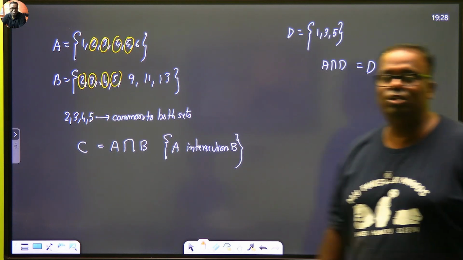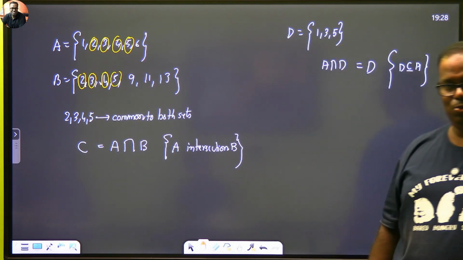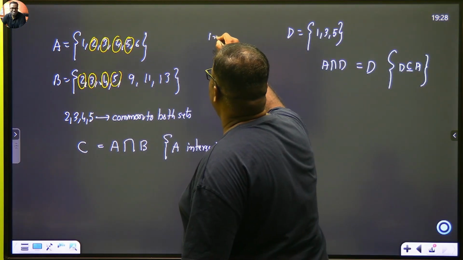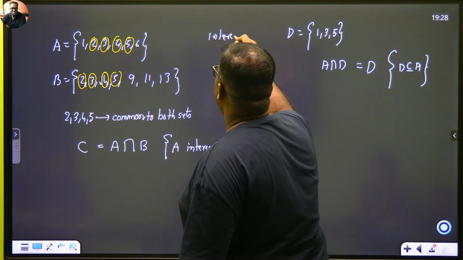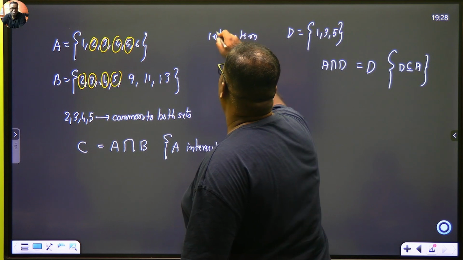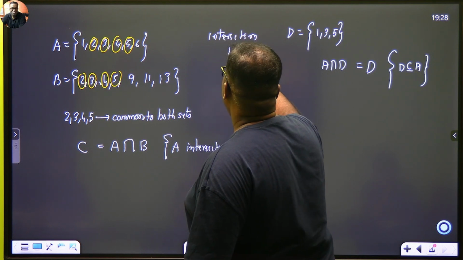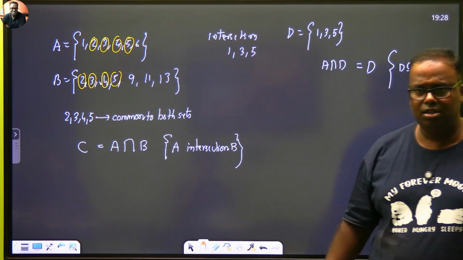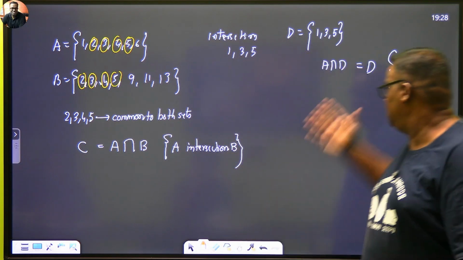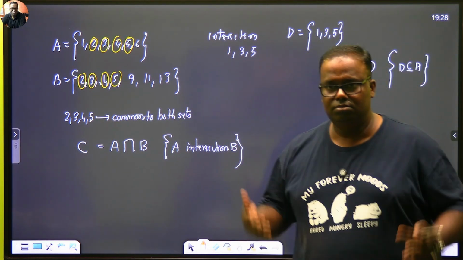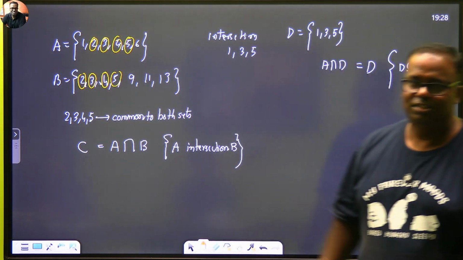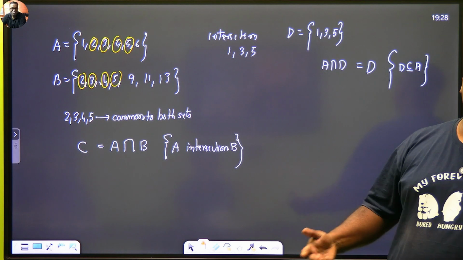And now you're trying to find what is common between the two. What is their intersection? Intersection means all common. 1 is common, 3 is common, and 5 is common. I need to put them in a set. Why am I making a new set? Isn't it the D set itself? Yes. So if you are a subset of a set, then your intersection is this.